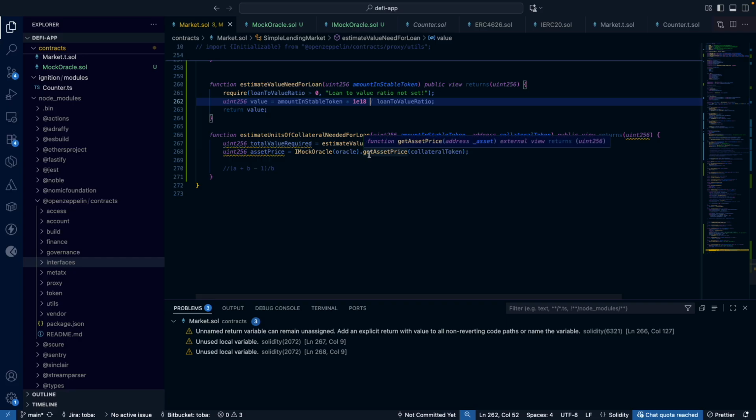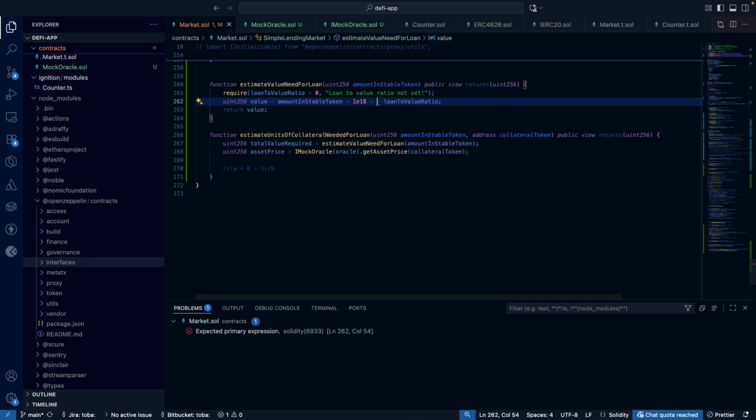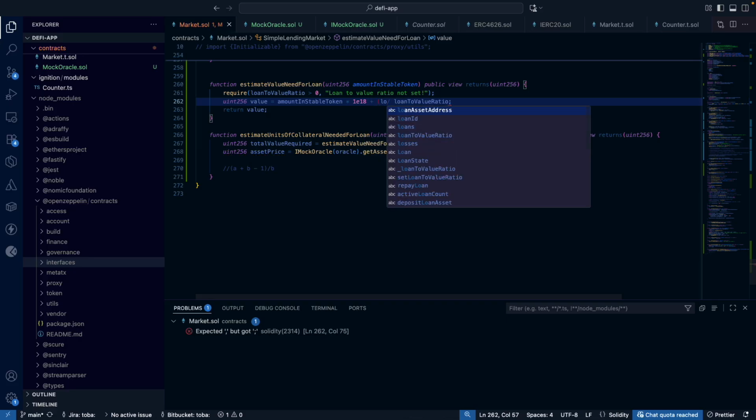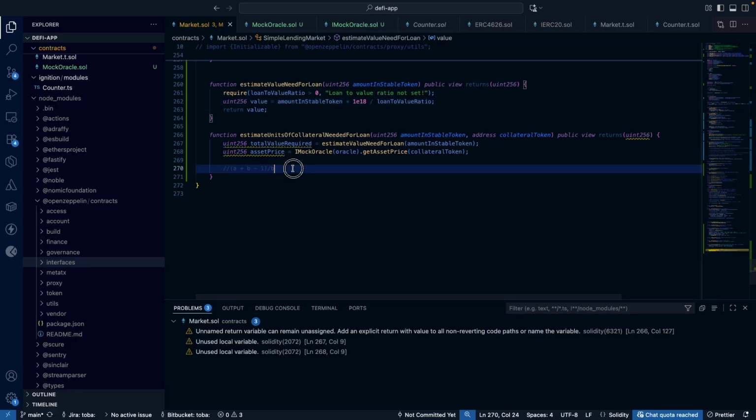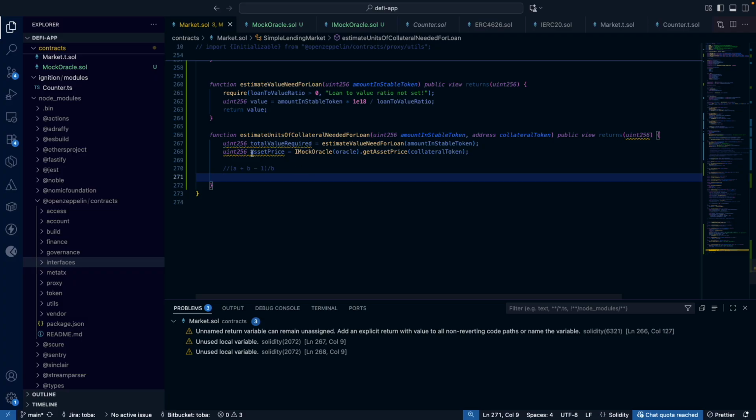So let's do loan to value ratio minus 1. Okay, I'm going to double check something after this. So let's see. So we're going to do A plus B minus 1 over B.